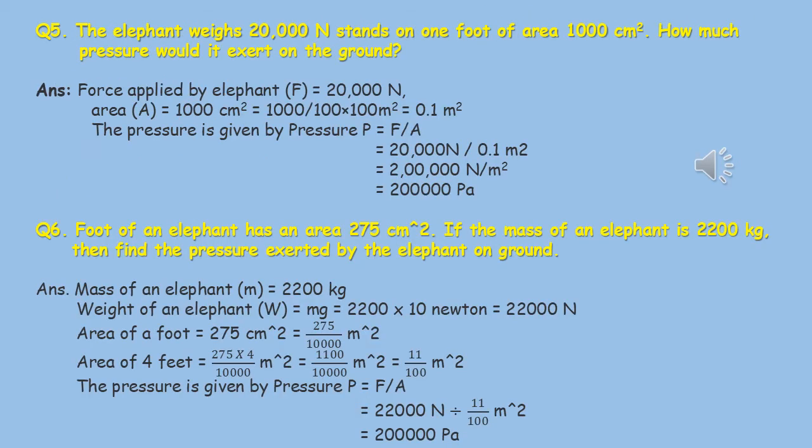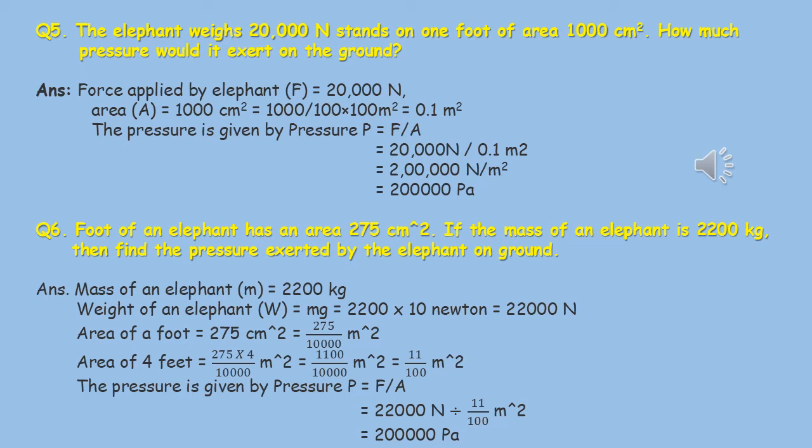Question number 5. An elephant weighs 20,000 newtons, stands on 1 foot of area 1000 centimeters square. How much pressure would it exert on the ground? Force applied by the elephant is 20,000 newton, which is given in SI unit. Area is 1000 centimeters square, so we are converting it to meter square by dividing by 10,000.